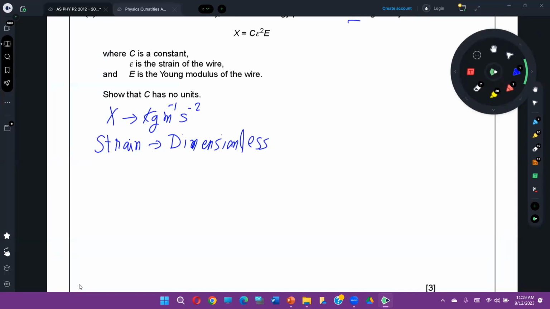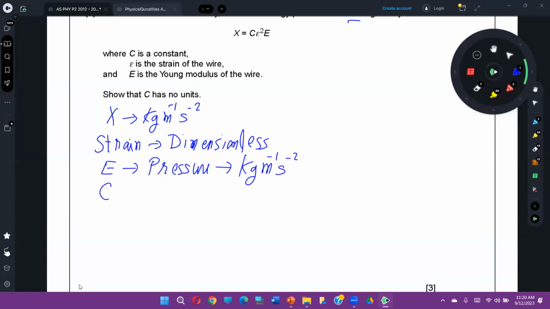Now comes E. What is E standing for in this question? Young modulus. Remember, the Young modulus has the same unit as pressure. Can anyone recall from today's work what the base unit of pressure is? Kg m minus 1 s minus 2.